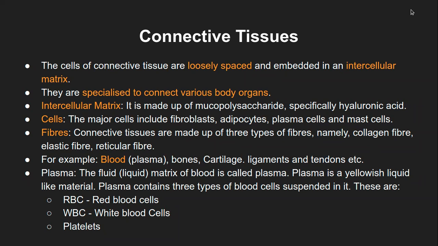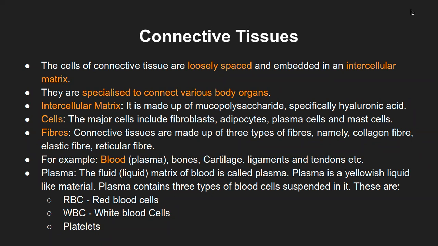You can simply imagine a gel-like material, which is the intercellular matrix, and you put some seeds inside it, which are nothing but the cells. So these cells are embedded within the intercellular matrix, and that forms the connective tissue.